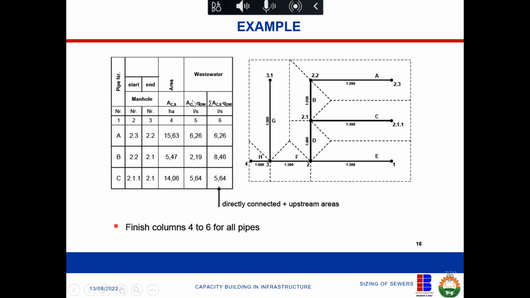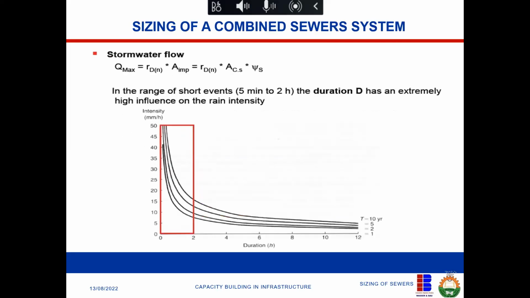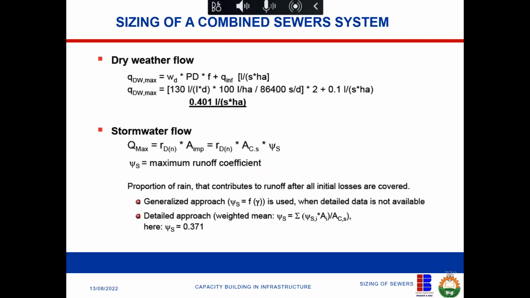If you now want to get the subcatchment flow, you multiply this by the amount of wastewater coming out from 1 hectare, which we have already gotten as 0.401. Here, this is where we do the calculation.